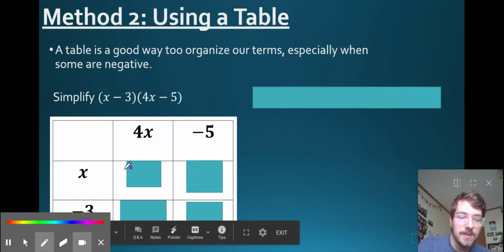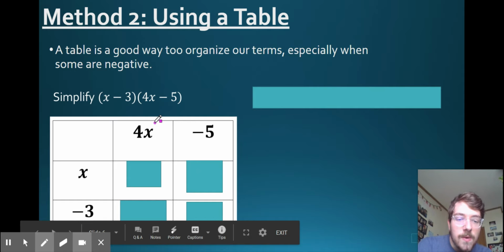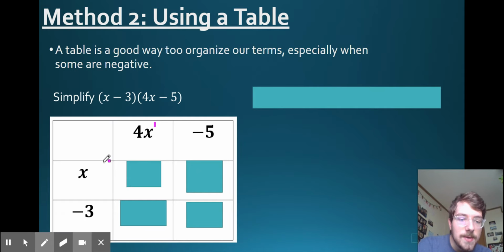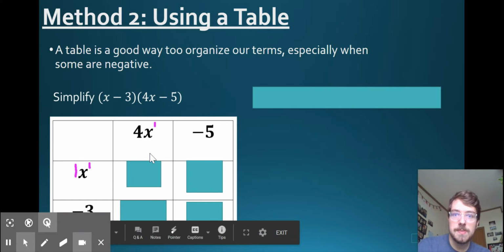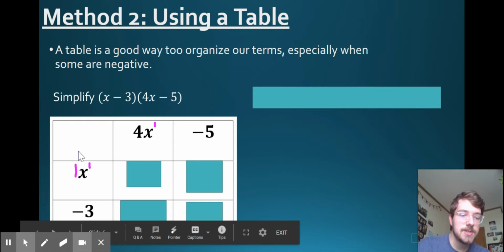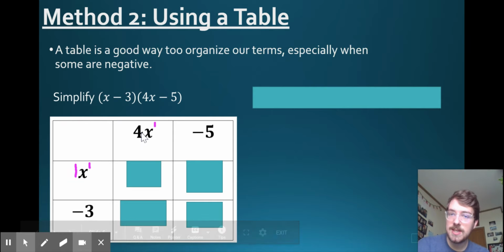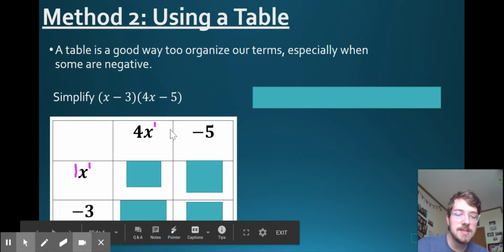So don't forget, there are no exponents above the x's, so we know there are ones there. And there's no number in front of this x, right? So I know a 1 has to be there as well. So I just got to multiply those. So I got to do my coefficients, 1 times 4, which gives me 4, and x to the 1 times x to the 1, which gives me x to the 2.